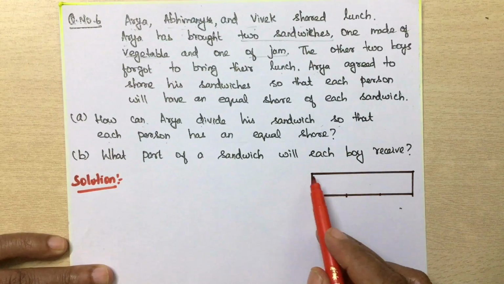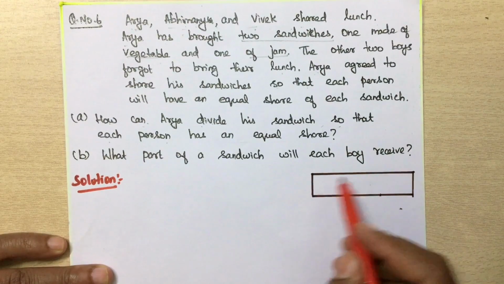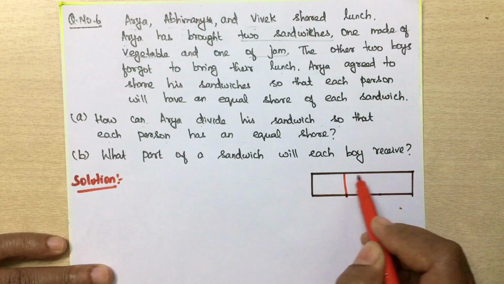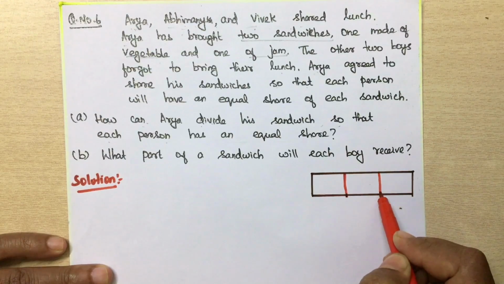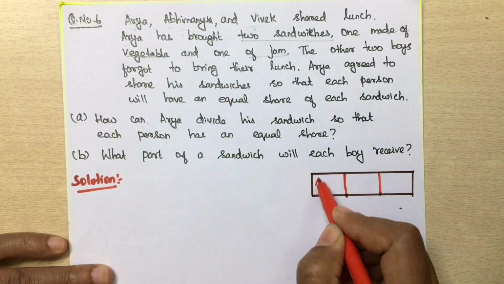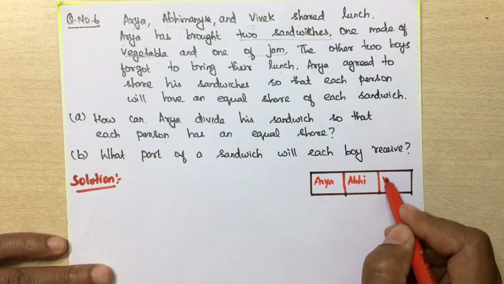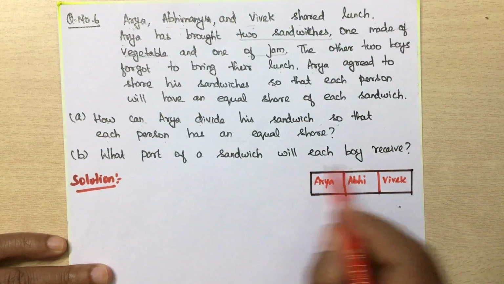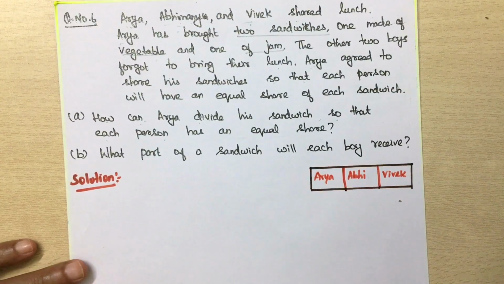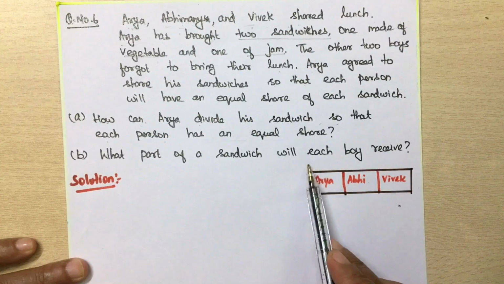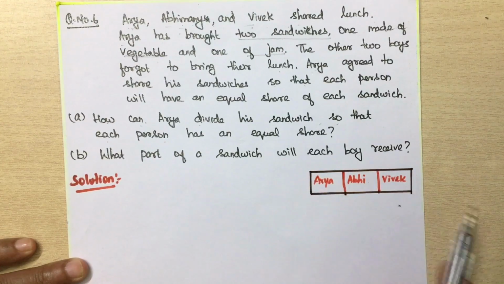share. Let us consider this as the sandwich. Okay. Now it can be equally divided like this for each one of them. One is for Arya. The next one is for Abhimanyu. The last one is for Vivek. So this is how they can equally share the given sandwich. That is, whole is divided into equal parts.